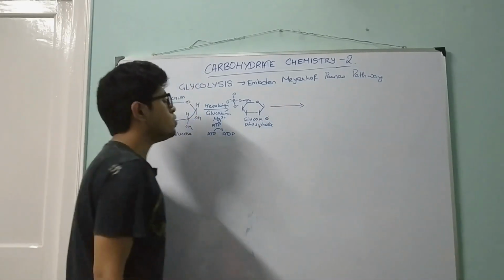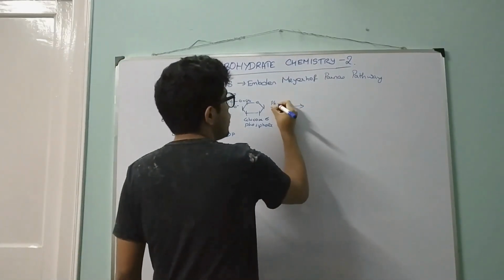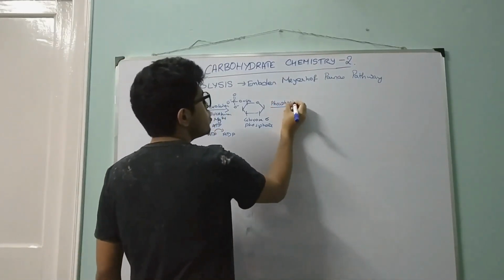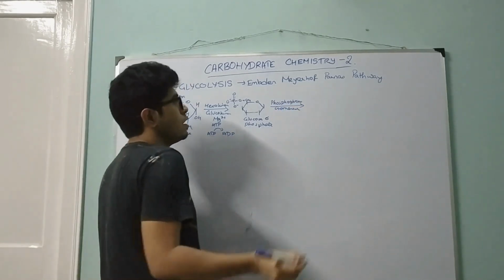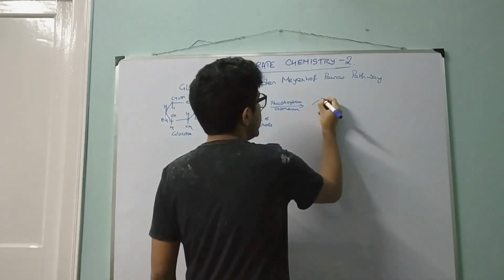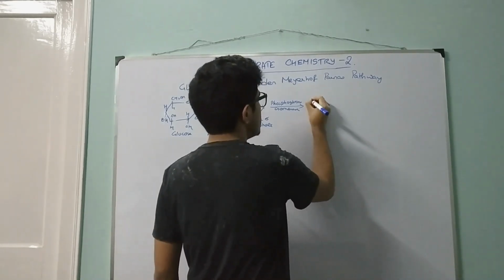Then on glucose 6-phosphate, phosphoglucose isomerase acts. Then we get fructose 6-phosphate.